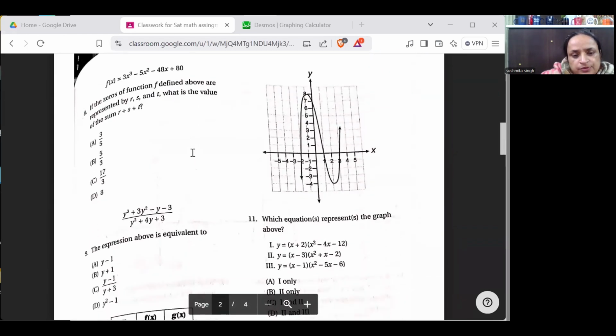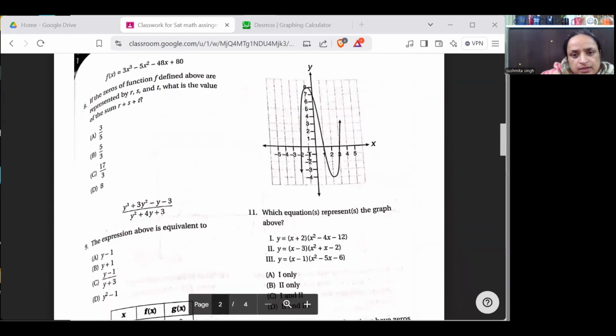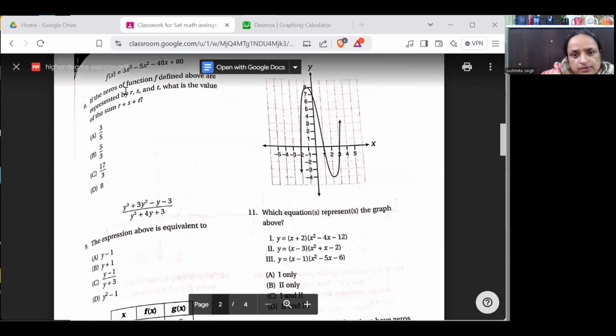Now if we have this question, the graph is given over here. Which equation represents the graph? So y is equal to x plus 2 and so on, we have to choose among these.